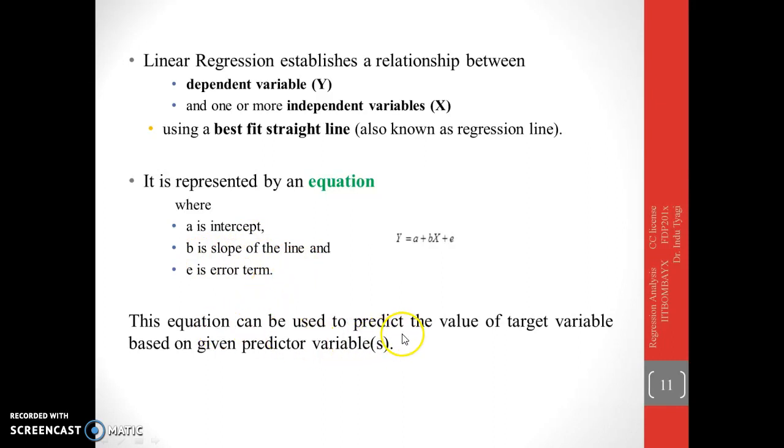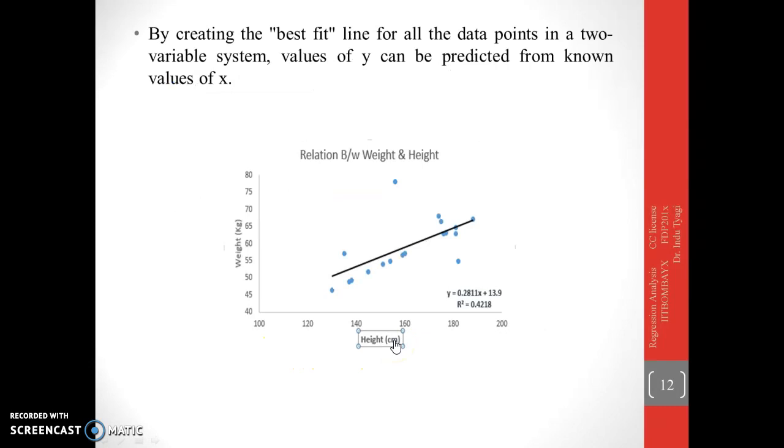This equation can be used to predict the value of target variable based on the predictor values. By creating the best fit line for all data points in a two variable system, the value of y can be predicted from known values of x.